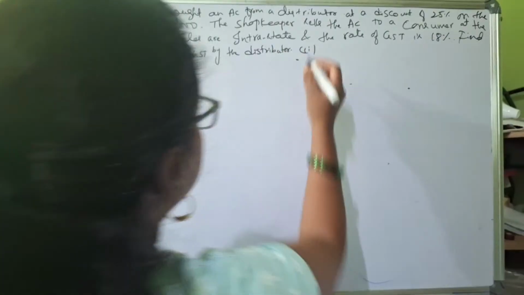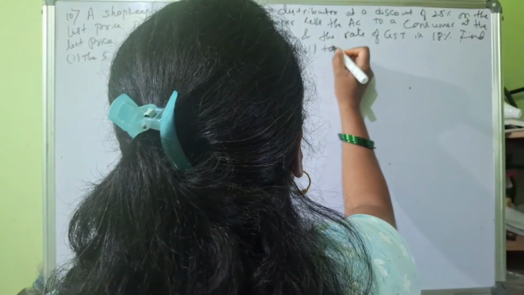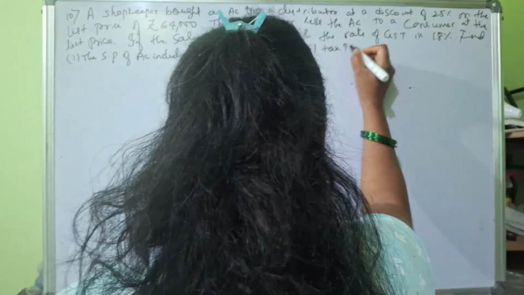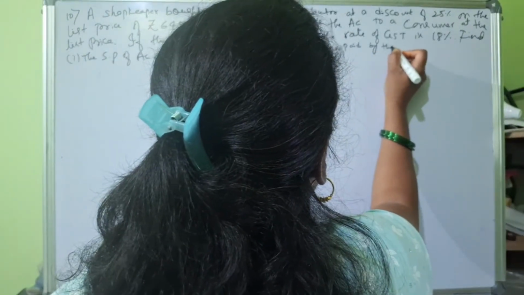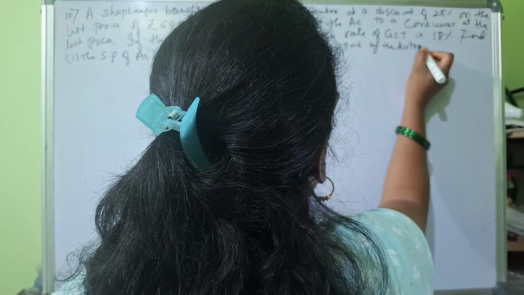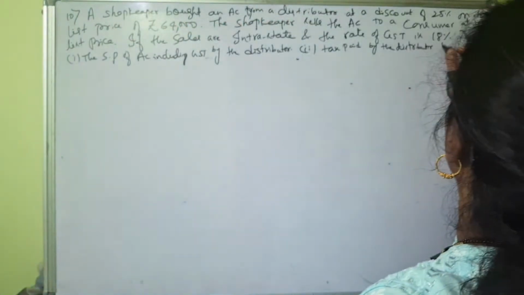The second question is, the tax paid by the distributor to the state government.